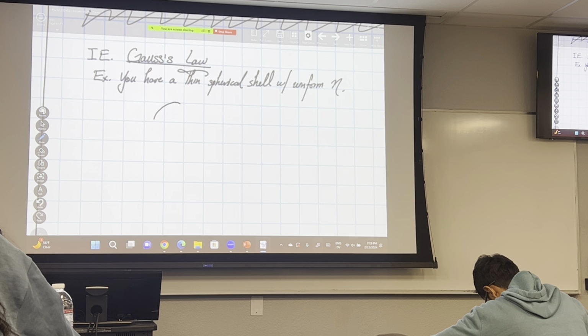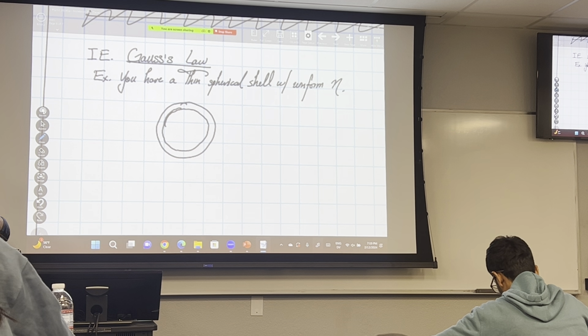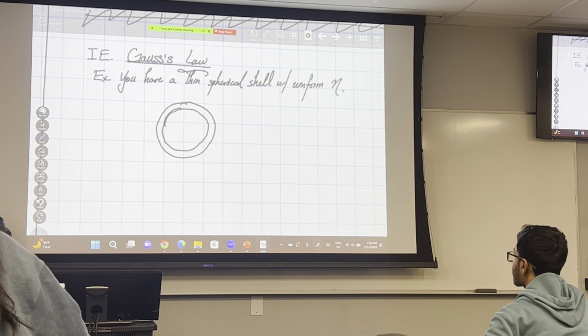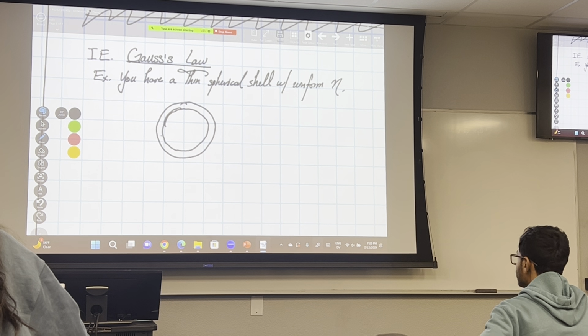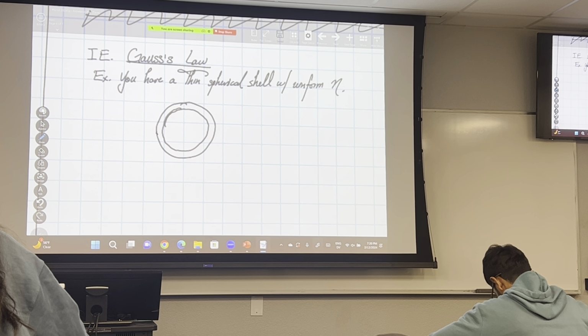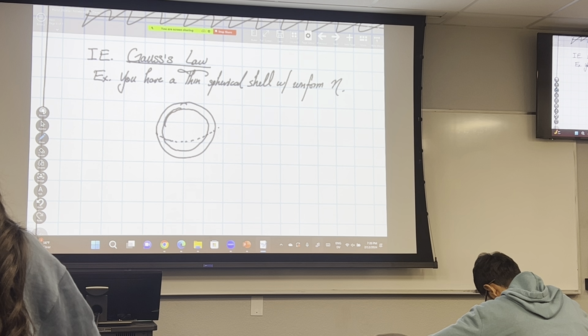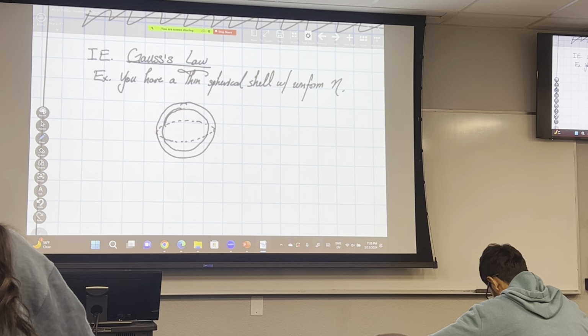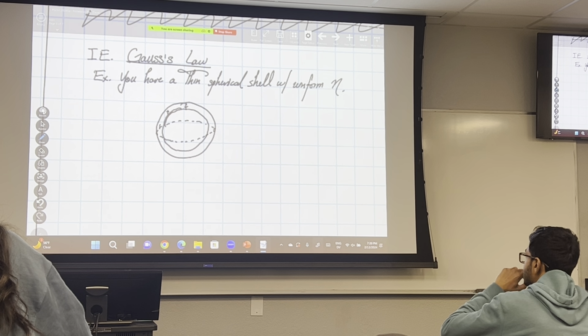So let me draw the scenario. This is spherical, not just circular. Spherical is the three-dimensional sphere, right? Three-dimensional. And let's say the shell is positively charged.